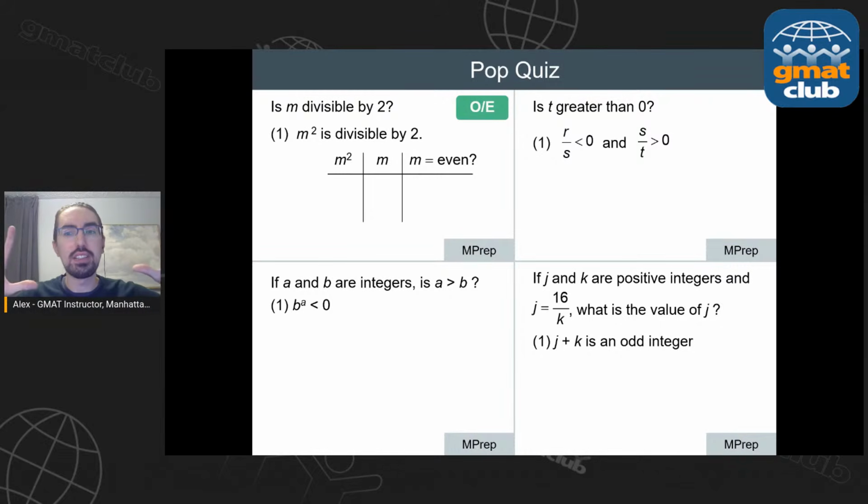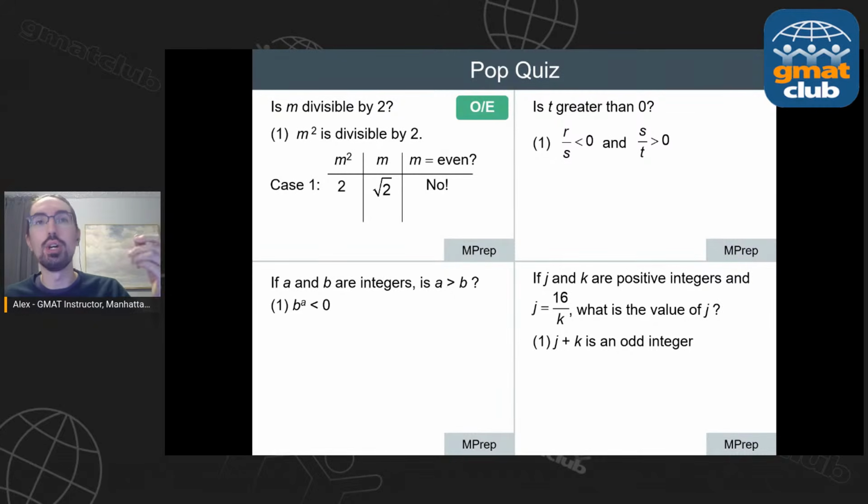this is what testing cases might look like, right? We're going to think of a value for m squared, think of a value for m, and then ask the question, is m even? Because that's really what this odds evens question is asking, right? Is m divisible by 2? Is m even? So case 1, if you think of something that is divisible by 2, because that's what the statement tells us, then m, the square root of m squared, is not divisible by 2.